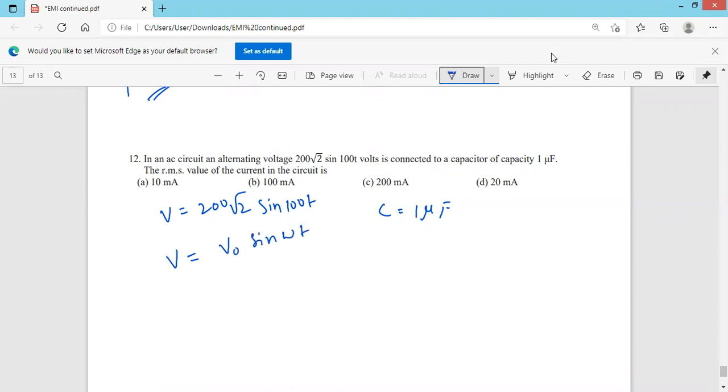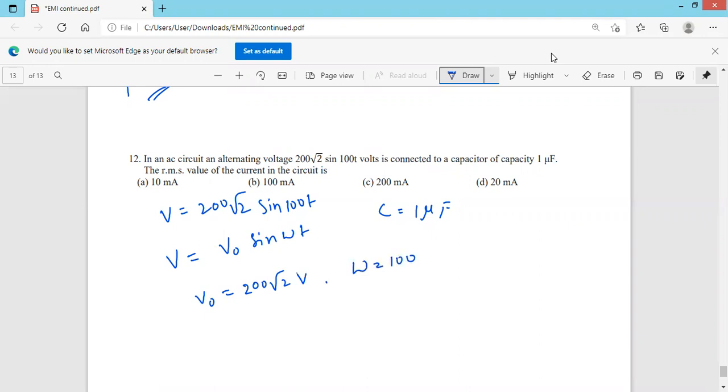So we get V naught is equal to 200 root 2 volt, and omega is equal to 100 radian per second.